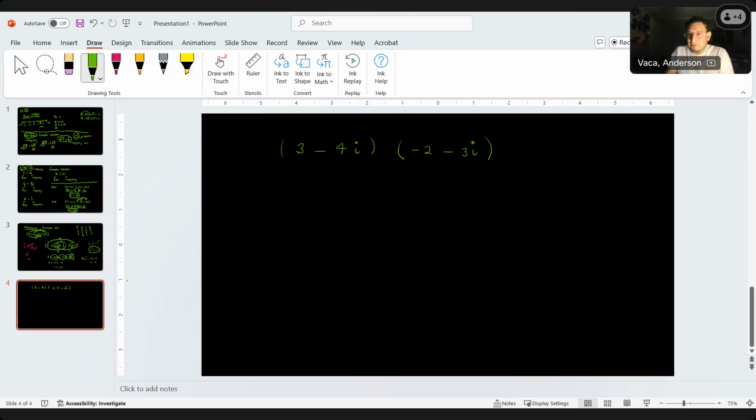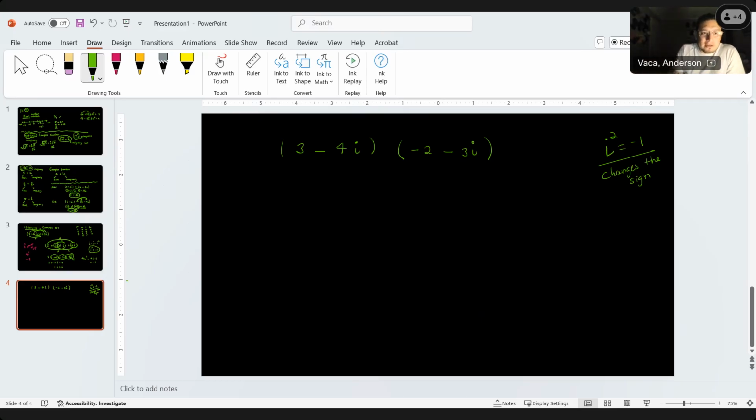I am not going to forget that i squared is equal to -1, or that i squared changes the sign. I'll deal with this once I get there.